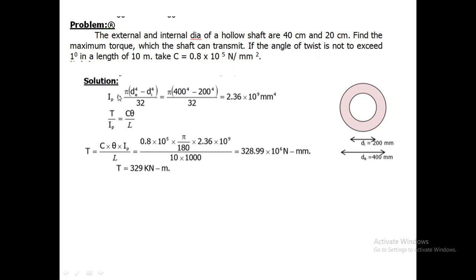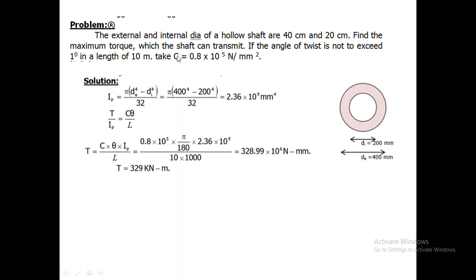So first you calculate J, the polar moment of inertia for the hollow shaft, with respect to the outer diameter and inner diameter. If the diameters are in millimeters, we will get millimeter to the power 4, because it is d to the power of 4. If you take d in meters, it will be meter to the power 4.